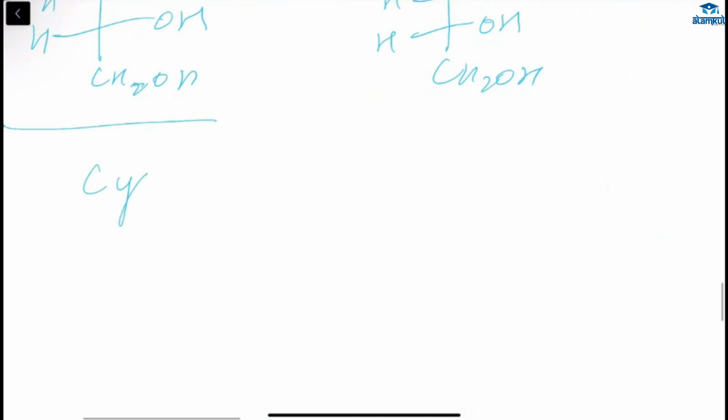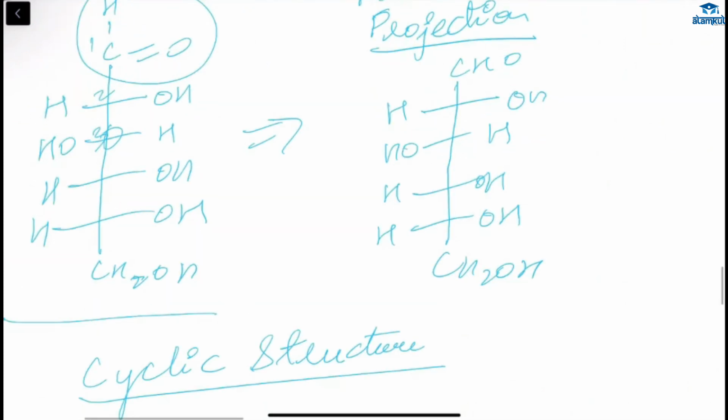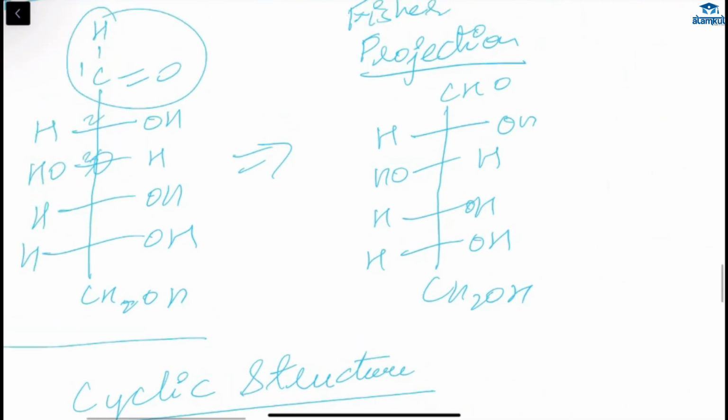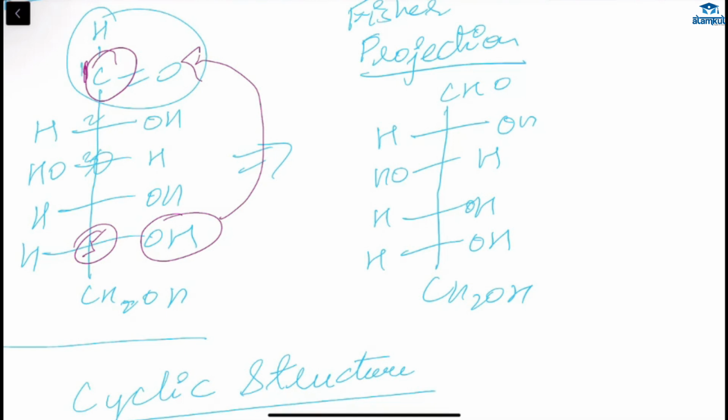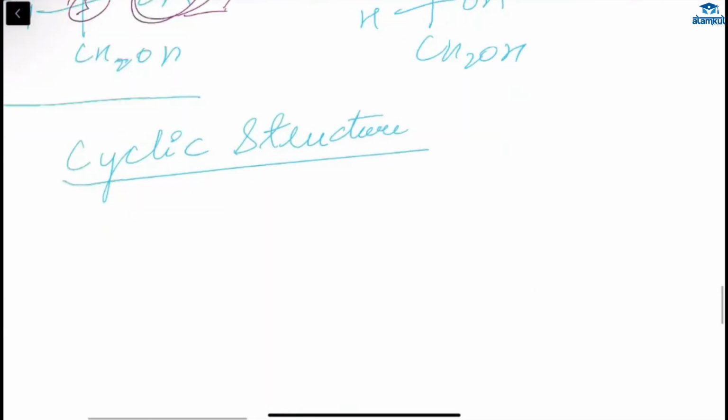Now the cyclic structure is somewhat like this. The cyclic structure will be formed by them. The first carbon atom here and the fifth position's carbon atom here will combine with the oxygen, and basically these two OH and this H will get released in the form of water, and they will combine like this.